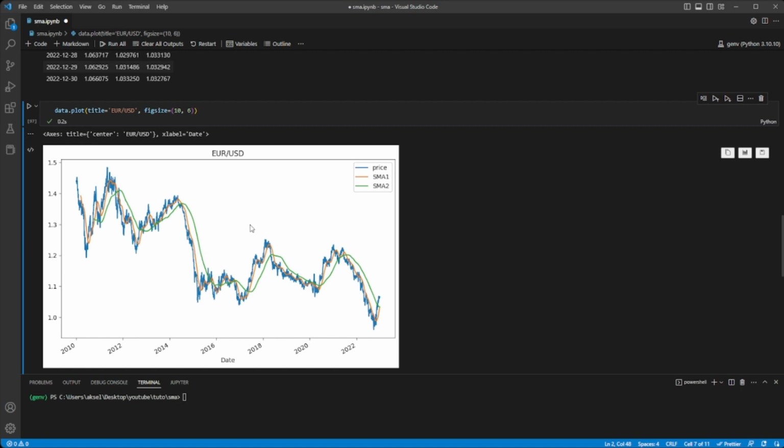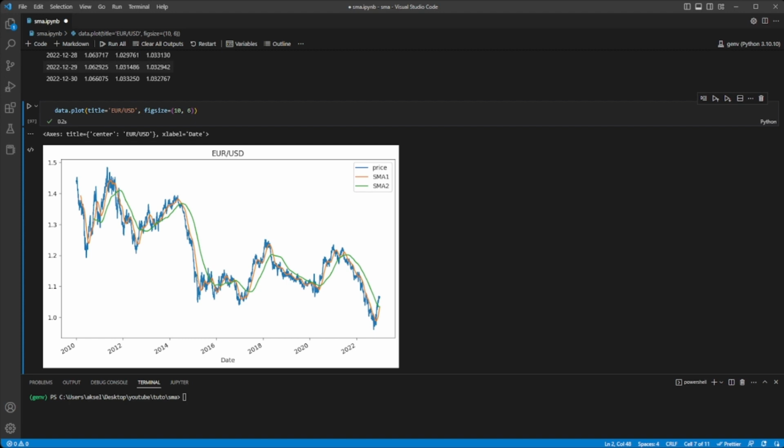So the rule, as we explained before, is to go long whenever the shorter SMA, which is in this case the orange one, is above the long one. So for example here, and vice versa, which means to go short whenever the longer one, aka the green one, is above the orange one.